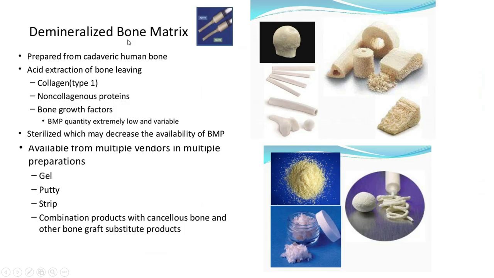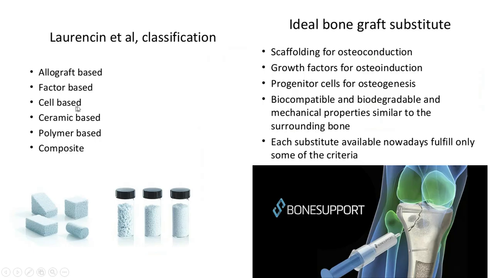The demineralized bone matrix, which lacks bone morphogenic protein or cells, can be mixed with a composite, and it can be bone morphogenic protein factor or interleukin factor, or cell based where stem cells will be incorporated, or ceramic or polymer.